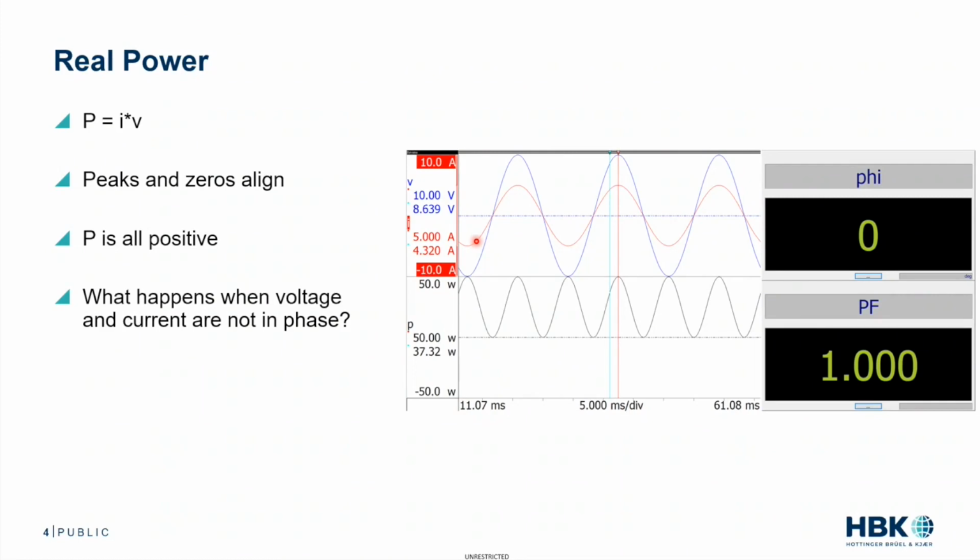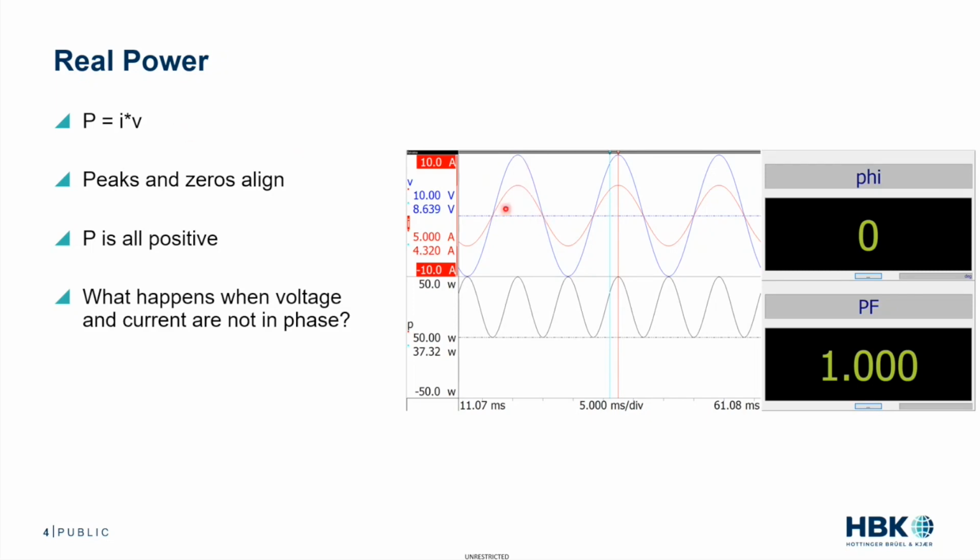we're gonna start simple. So power equals instantaneous voltage times instantaneous current, and we're going to be speaking today specifically about AC power. So everything's going to be sinusoidal or pseudo-sinusoidal. We have a voltage and a current in red and blue here that are perfectly in phase, the peaks and zeros align.